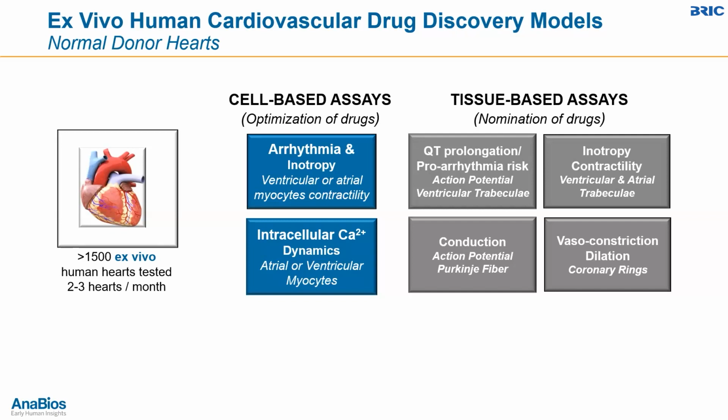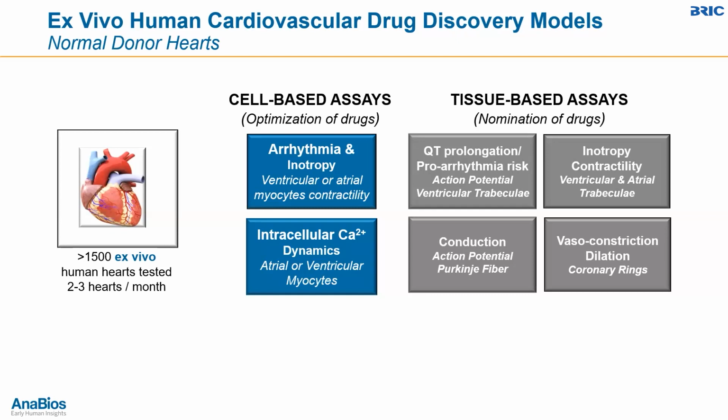We also have models to assess the potential of drugs to modulate contractility of the heart, the blood pressure, and the conduction of the heart. As I said, these models can be used for nomination of drugs and during later preclinical development.